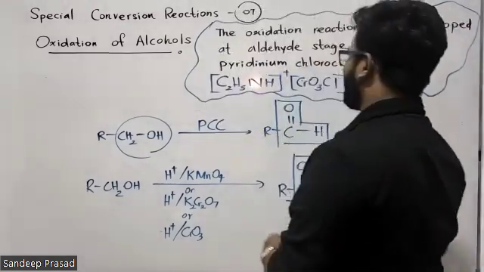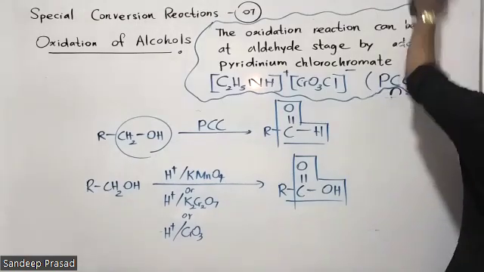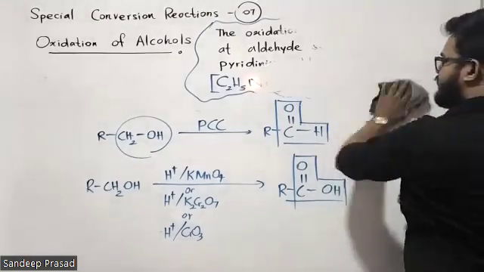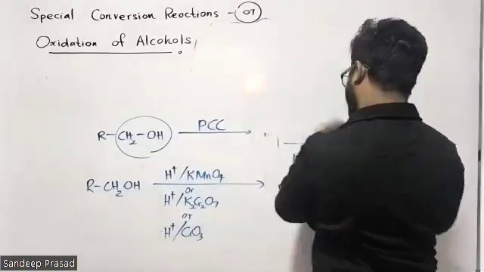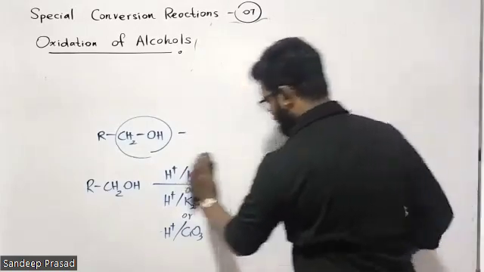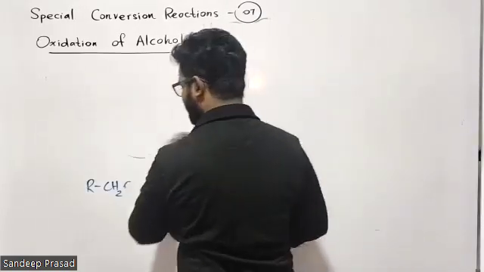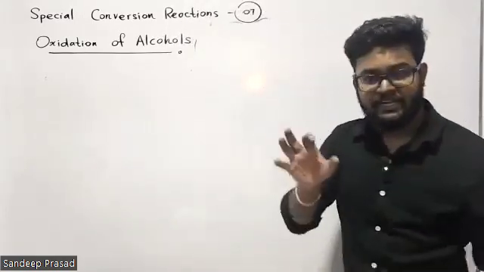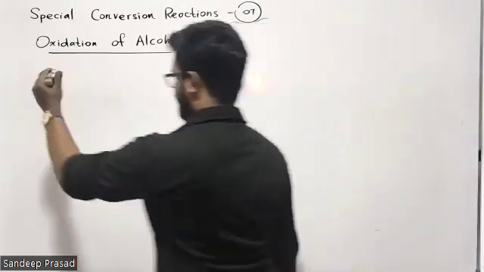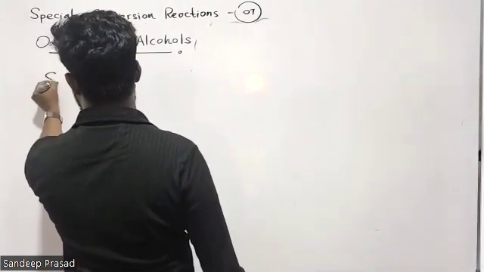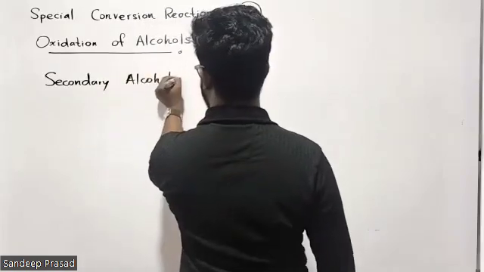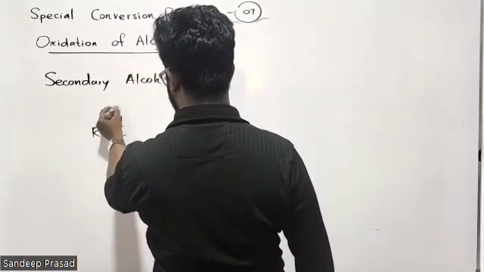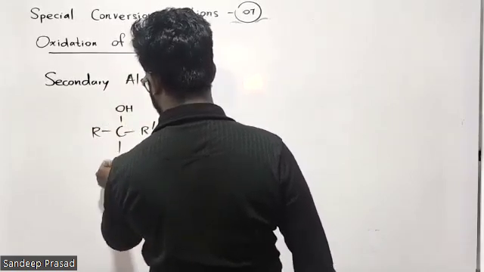Now, what is the case with secondary alcohols? Secondary alcohols are not like primary alcohols. Whatever reagent we add, it can be acidic KMnO4, acidic dichromate, acidic CrO3, or PCC, it will definitely convert into a ketone. Remember, students. Now here we have a secondary alcohol, R, CH, OH, R dash.